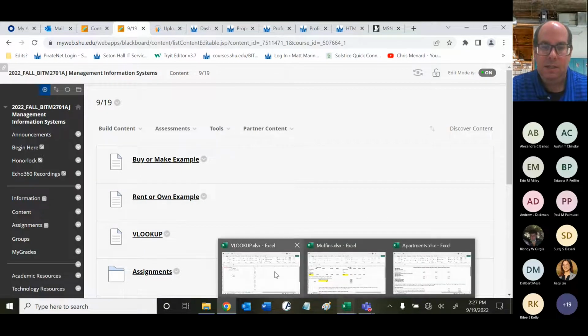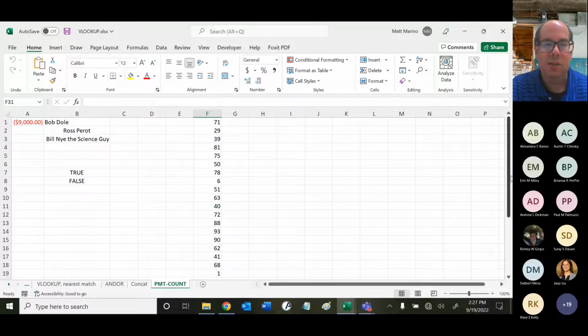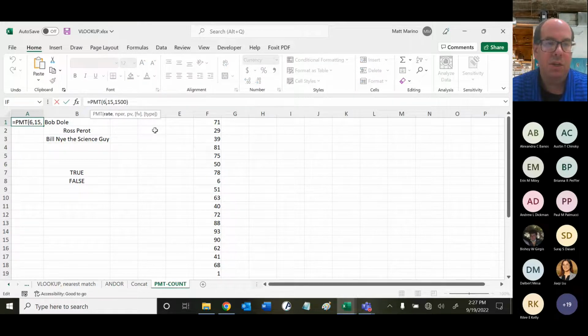And like I said, there's no homework matched to this. I'm just going over some basic stuff in this, and then we'll go through the actual VLOOKUPs. So we went over the payment function last week, right? Within the payment function, the first parameter is your rate. That's your 6%, 23%, whatever it may be.